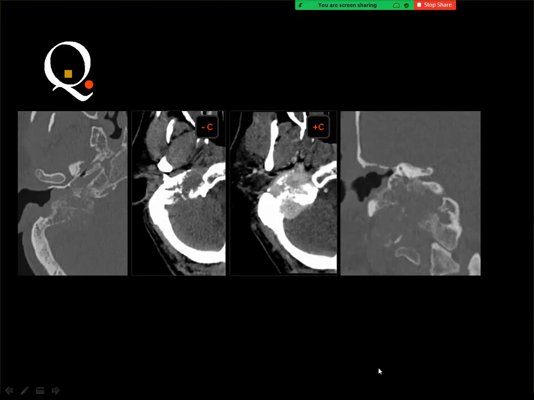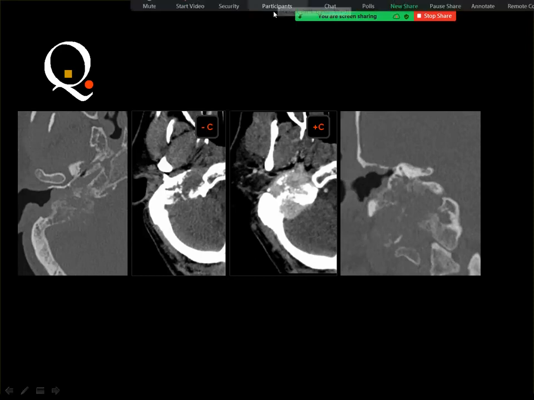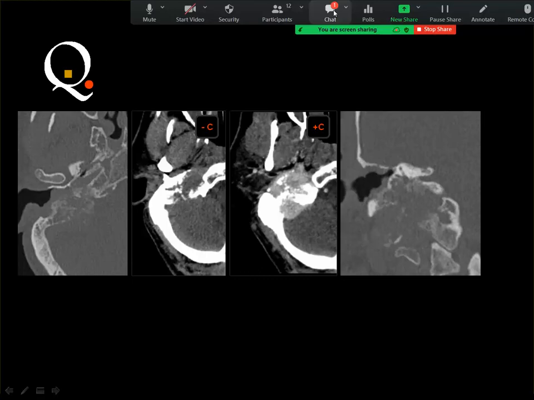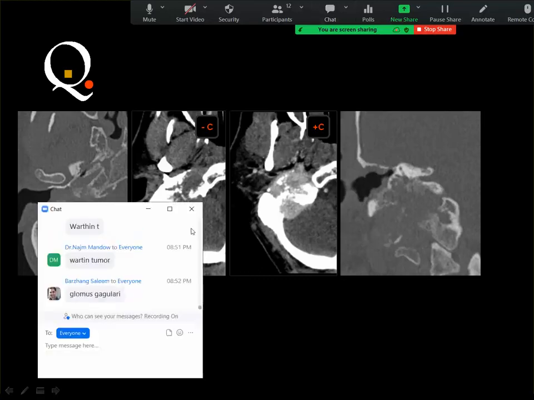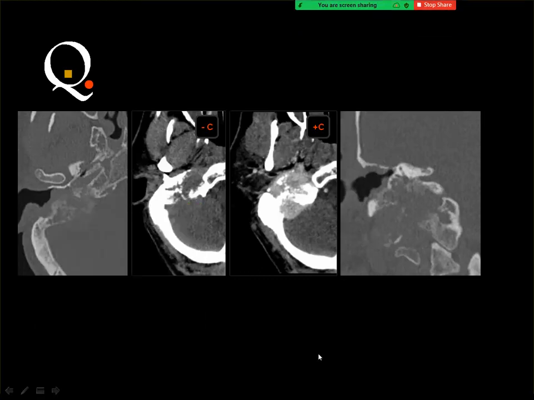be of variable size. This is a CT scan of the petrous bone, axial bone window, axial non-contrast, axial post-contrast, and the coronal bone window. Yes, and this is glomus jugulare, very good.